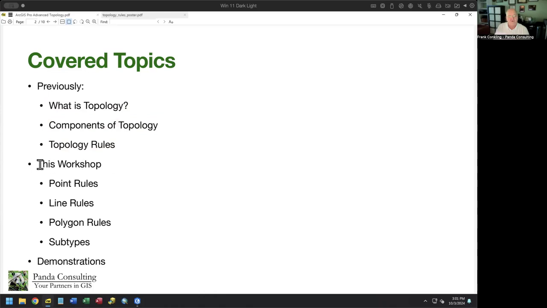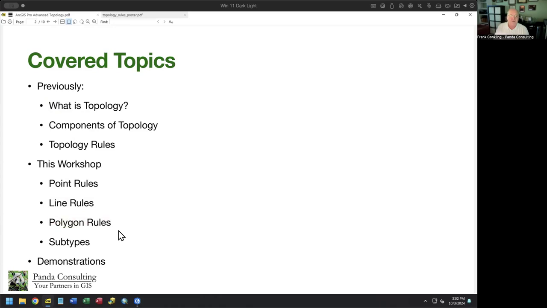This time, we're going to build on that a little bit more, and we're going to look into more details of what the various types of rules are for the different types of features that you can have inside of a topology, including the point rules, the line rules, and the polygon rules.